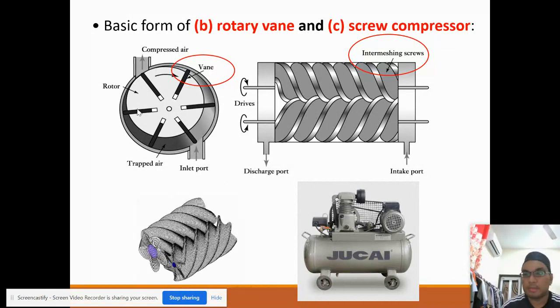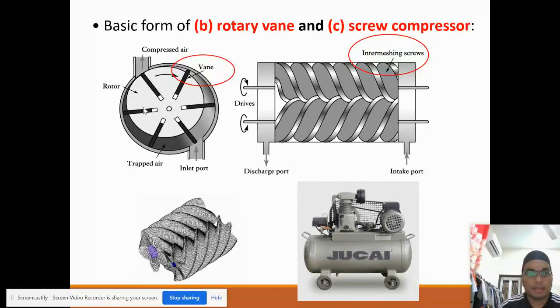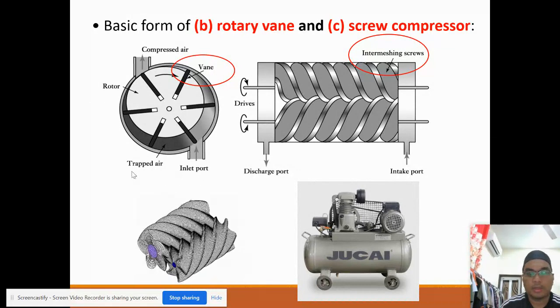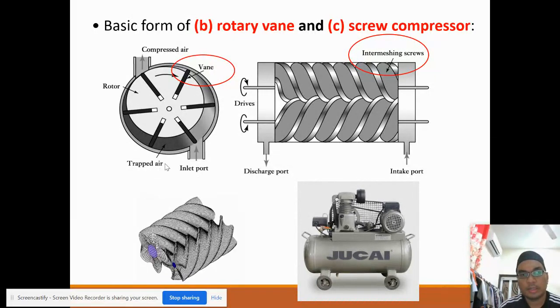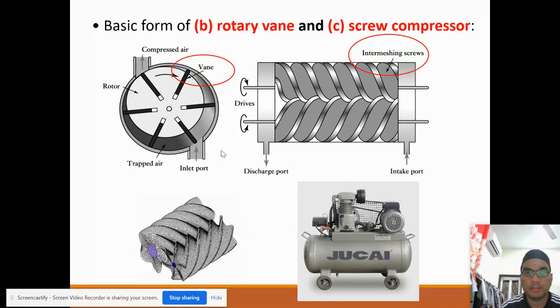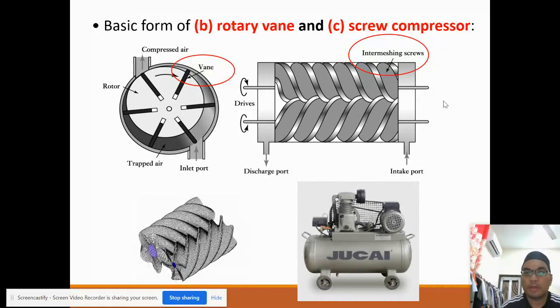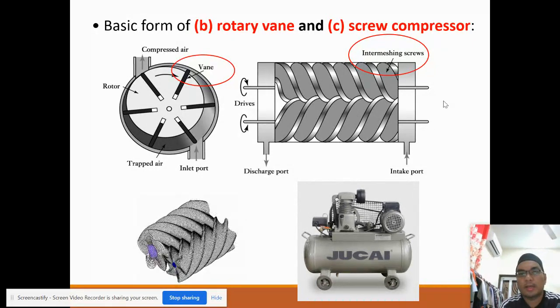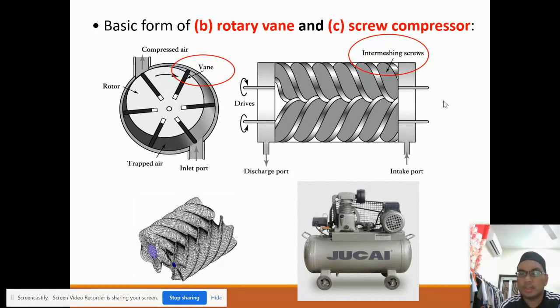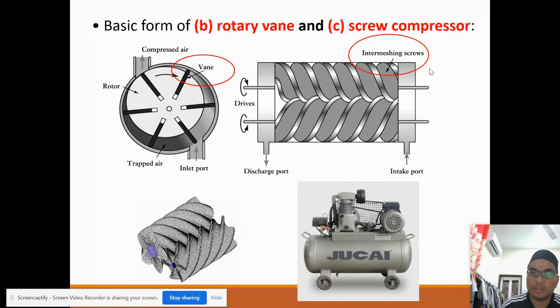Basically, the concept is similar to the hydraulic vane pump. Just this one is using air, while that one is using oil. The function is almost similar. And this is the screw compressor, also the same as the one we have in the hydraulic gear system. This one uses intermeshing screws.